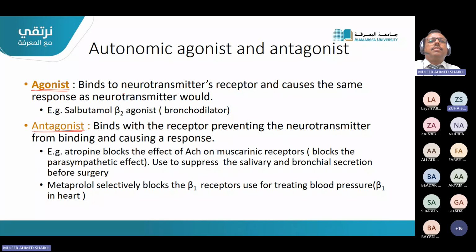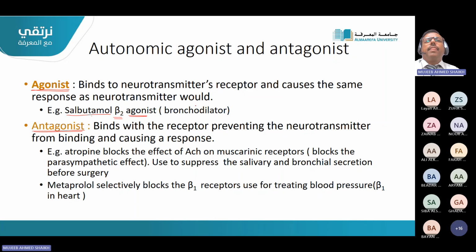What are the examples? Agonists are those which bind to the receptor and have a similar action, like salbutamol. It is a drug. It is nothing but a beta-2 agonist. It acts the same as beta-2 stimulation.